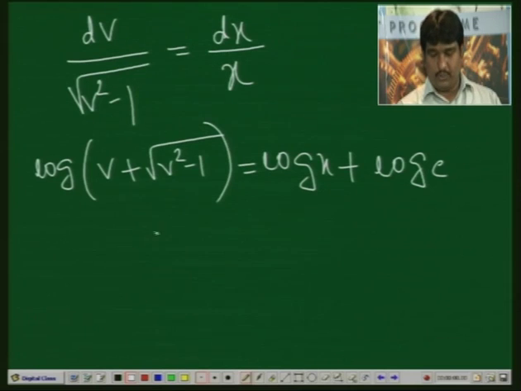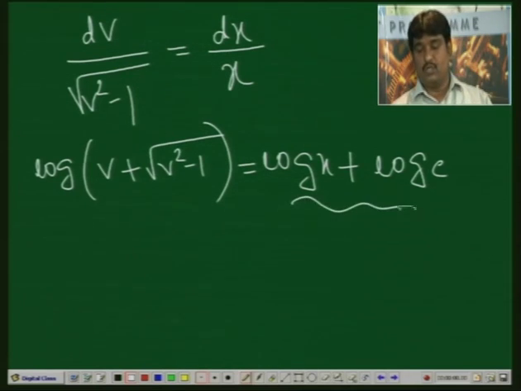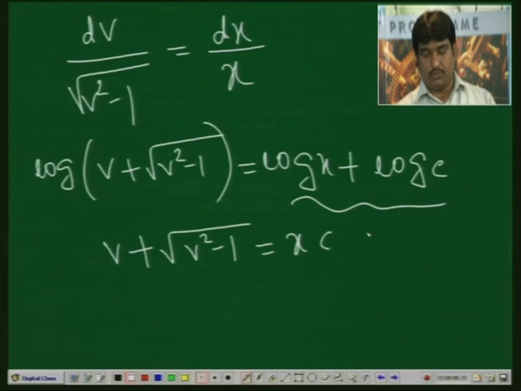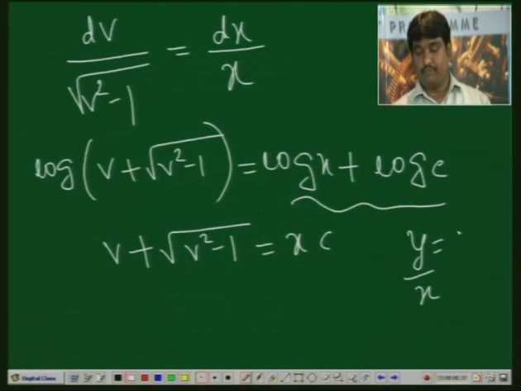So, use properties of logarithms. You write this log x plus log c as log of x into c, and cancel log on both the sides to get v plus root of v square minus 1 equals to x into c. Now, substitute for v. We have assumed that y by x equals to v.